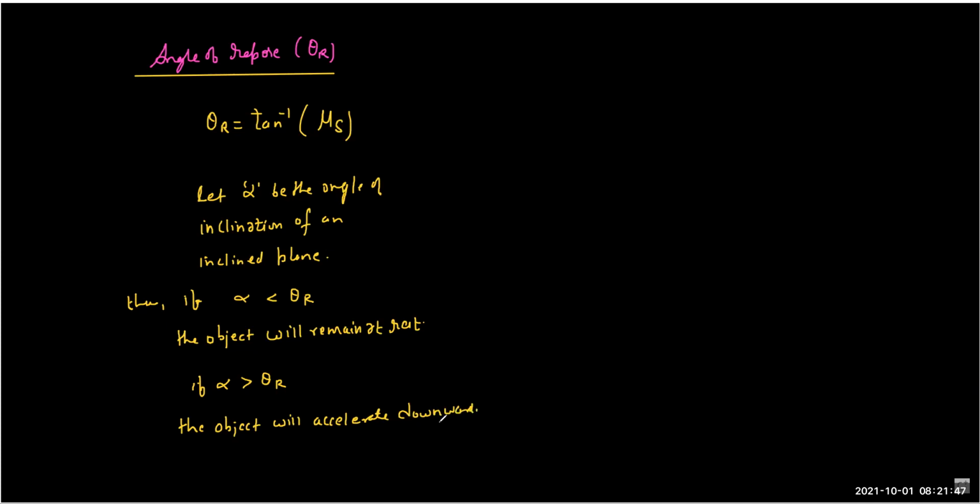If alpha is equal to angle of repose, what will happen? Sir, the motion will begin? No, not begin. We'll keep it at rest only. So this is up to equal angles. Up to angle of repose, everything will be at rest. Just beyond it, it will accelerate.